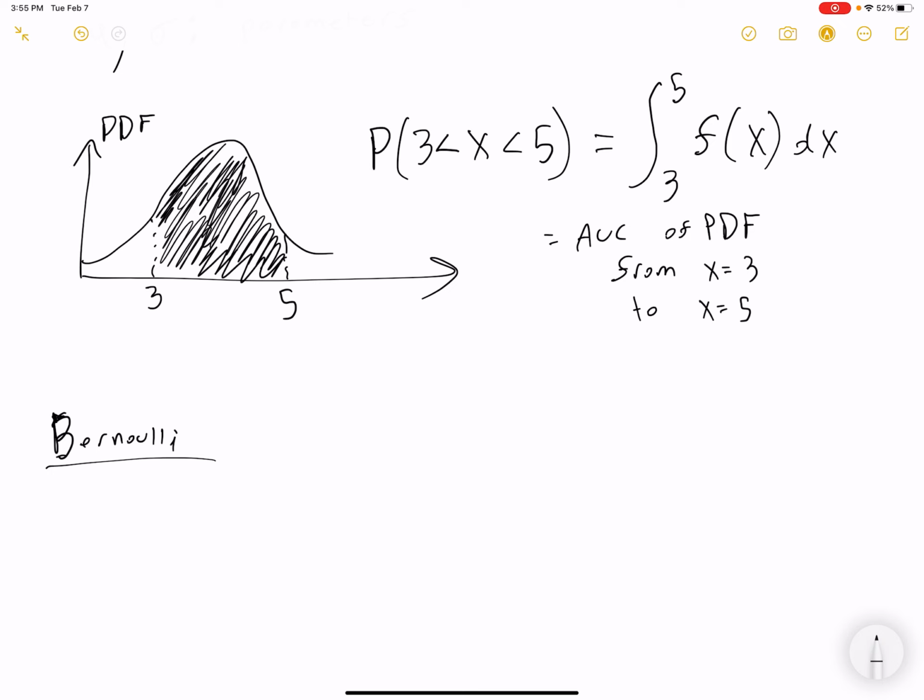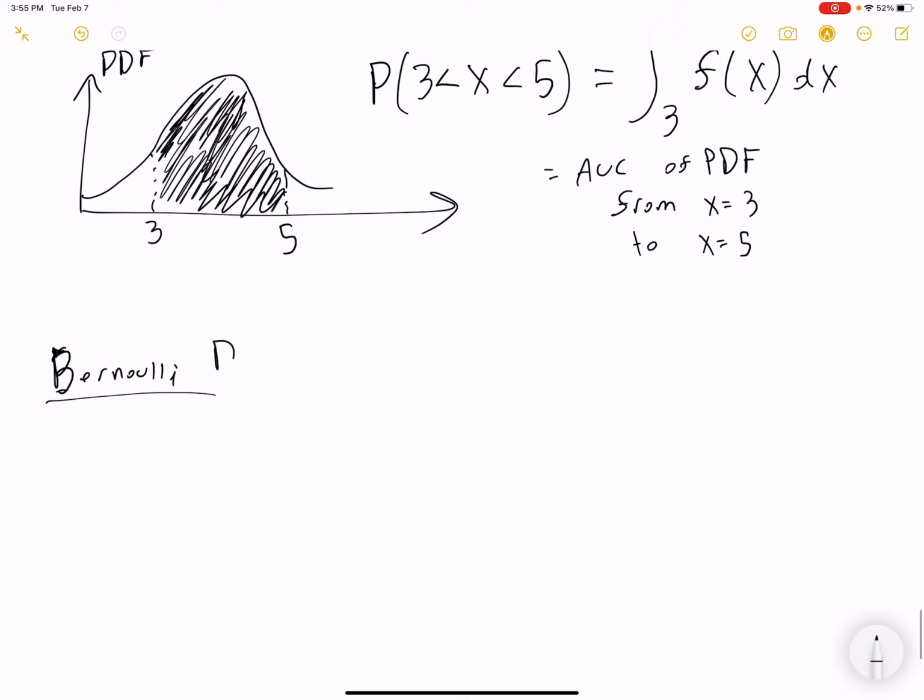So another distribution is the Bernoulli distribution, and this is a discrete distribution. So the normal distribution is used for continuous variables. What's the probability that a variable has a value between these two values?